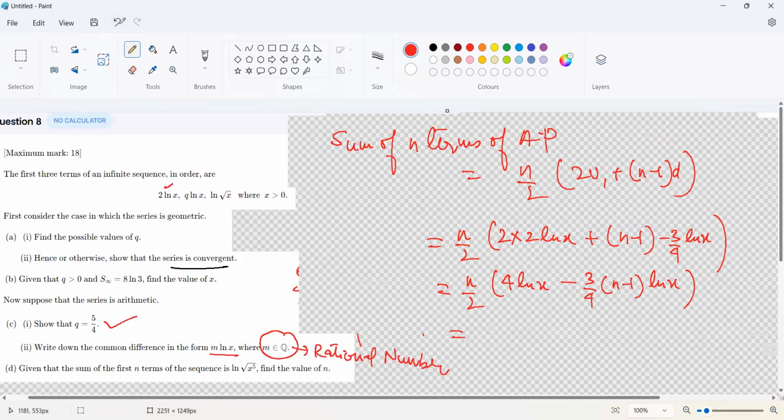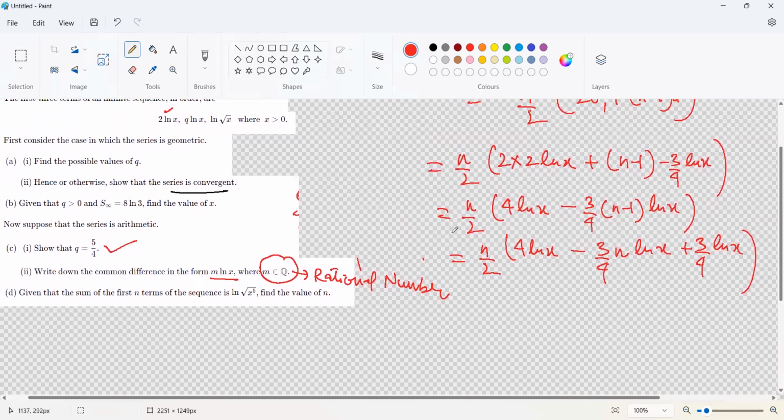What am I getting here? N by 2, 4 ln x minus 3 by 4 n ln x plus 3 by 4 ln x. We have two terms of ln x here.